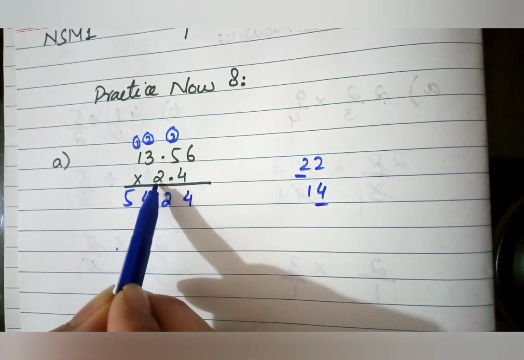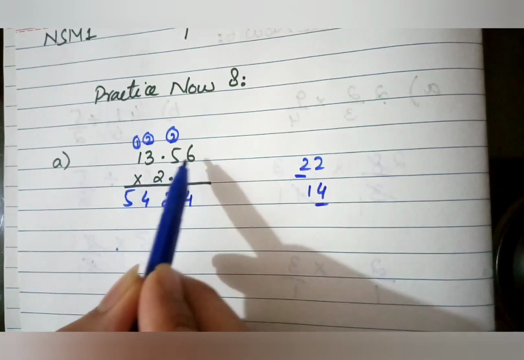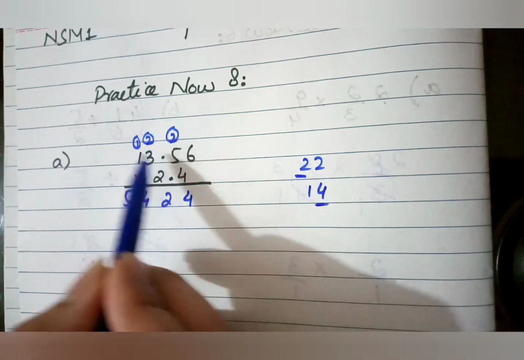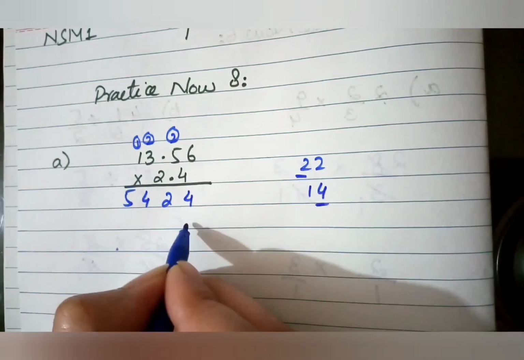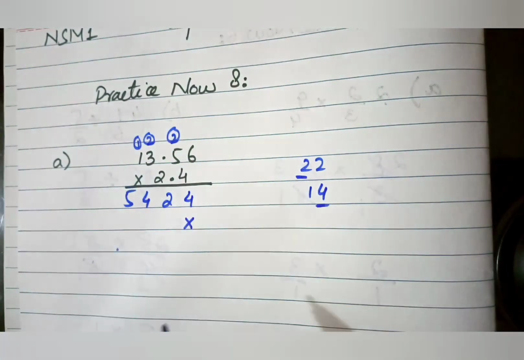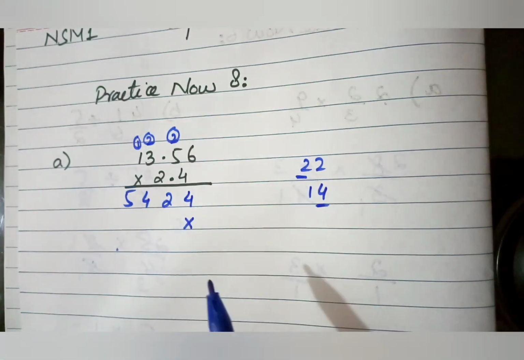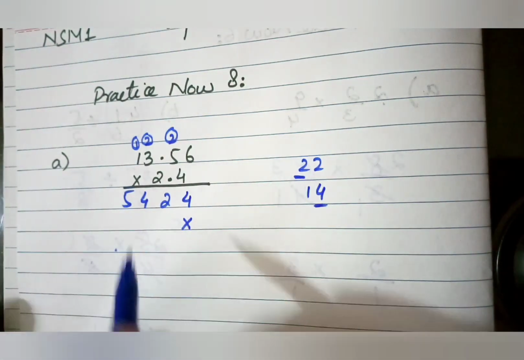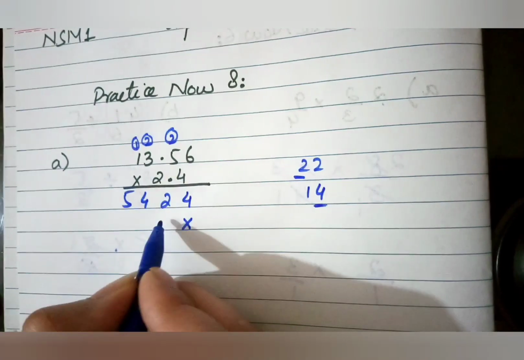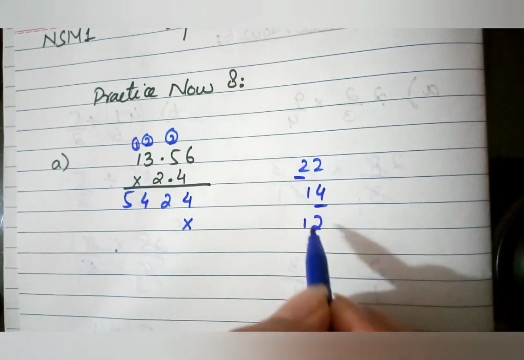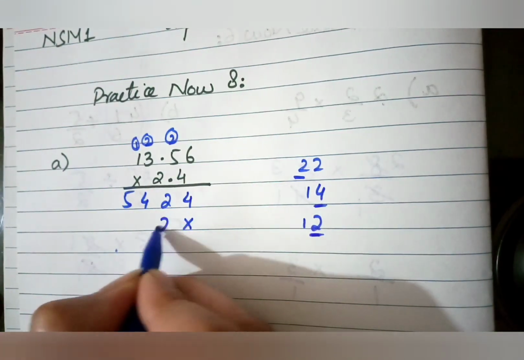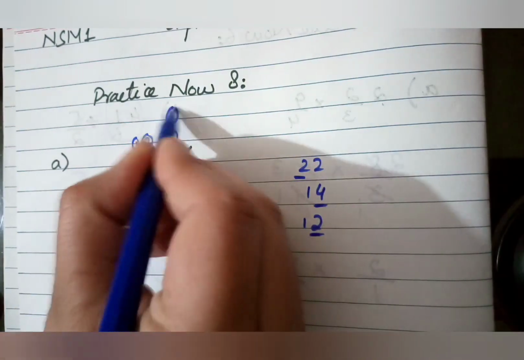Now what is your next term? That is 2. Now multiply 2 with all the digits that are above this term. Put the cross below your first number. That is the cross, basically the multiply sign, and you can also put 0 here. Now 2 6s are 12. Write down the right digit here and carry the left one.